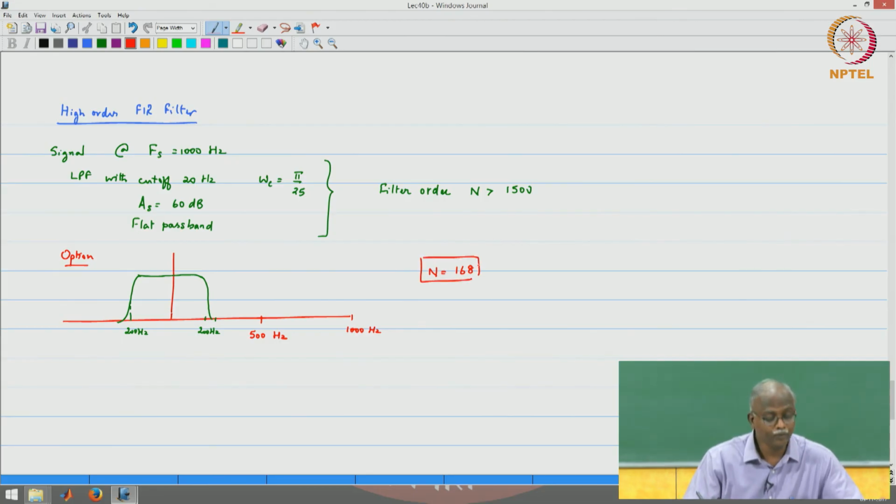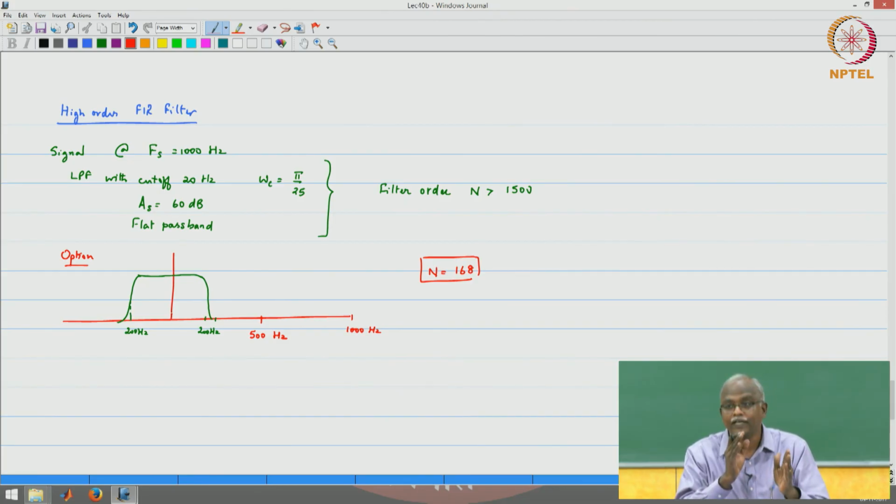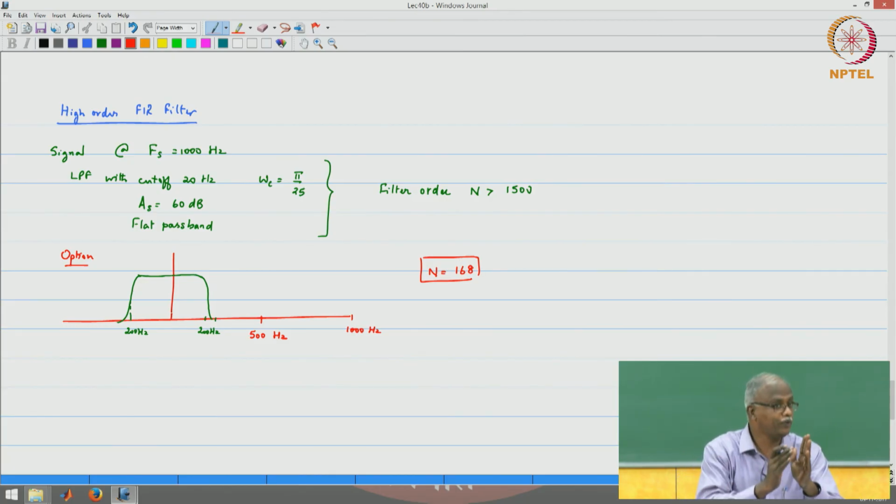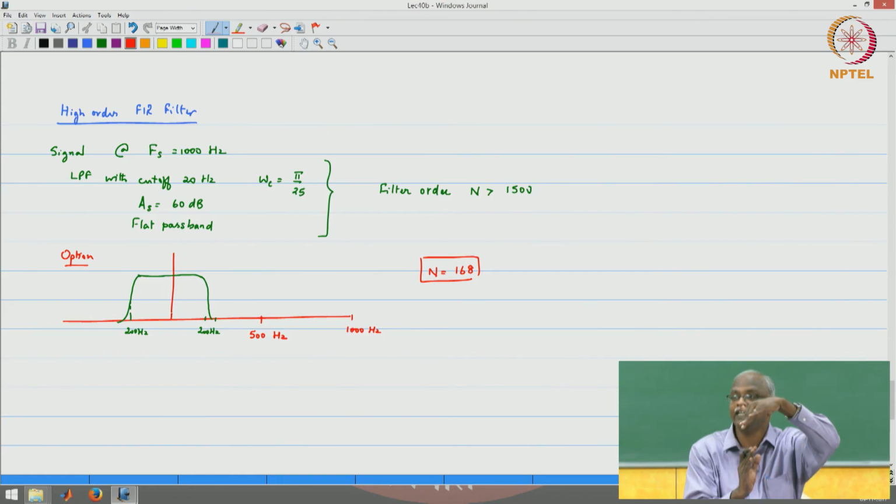But this is not the filter you want. What you want is a filter that will cut off at 20 hertz. You remember the IFIR technique? What did we do? We will upsample by a factor of 10, which means that it will compress the spectrum from 200 hertz, it will go to 20 hertz. Your pass band and transition band will become 10 times sharper.